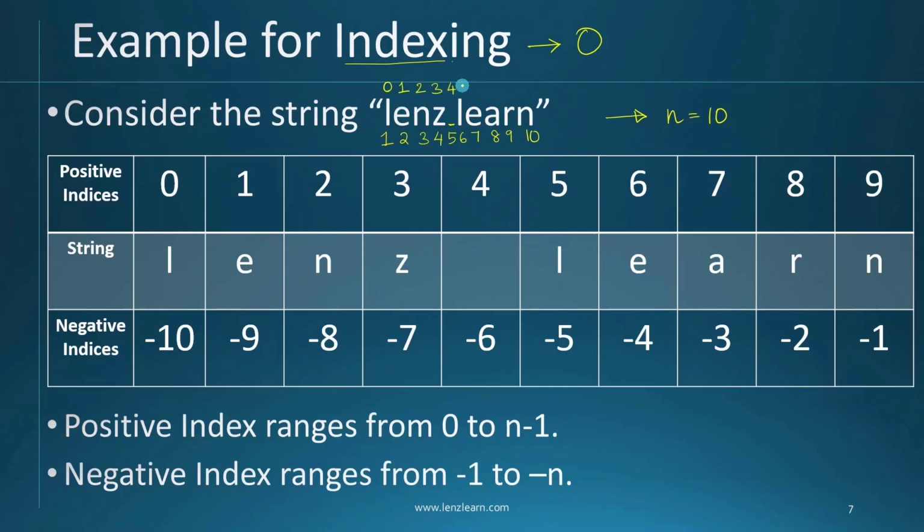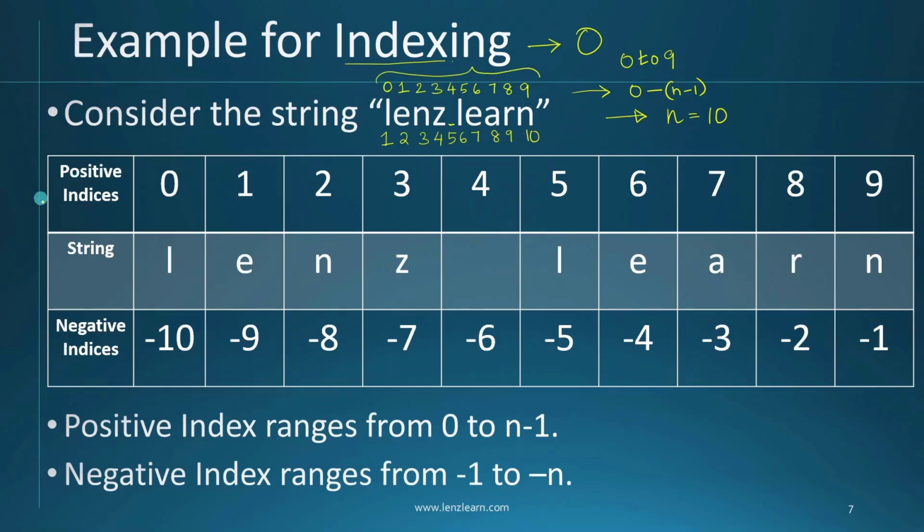After that, the next L will be 5, 6, 7, 8, and the last character N is available at 9. So now you should understand the index value ranges from 0 to n-1, because the value of n is 10. So it ranges from 0 to n-1, which is 9. That is what you can see here.